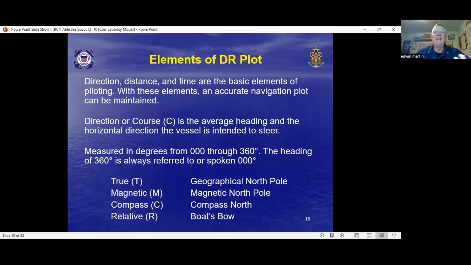You've got variation and deviation also in there. But for our purposes, the only thing that I've added to the problem was the variation for the area that we are in, or the chartlet that I put together for this.